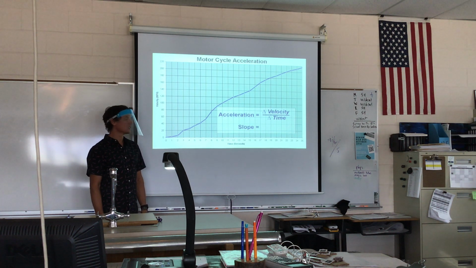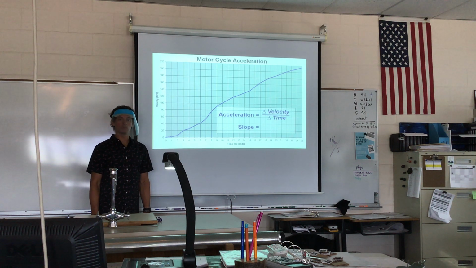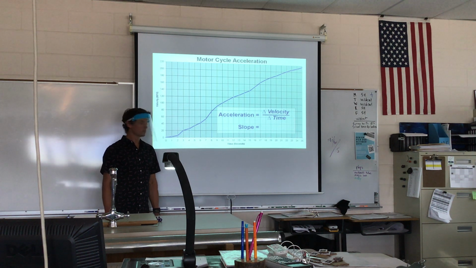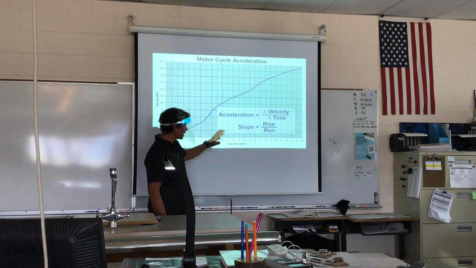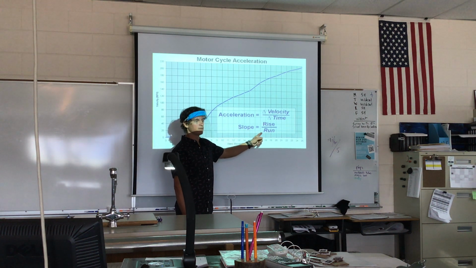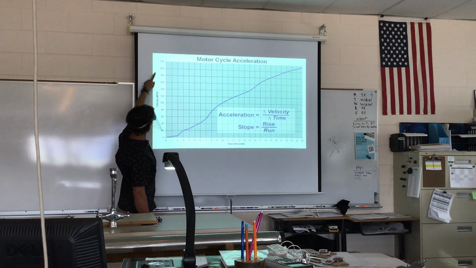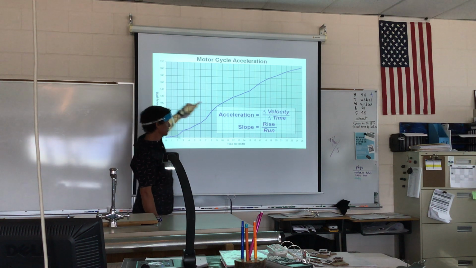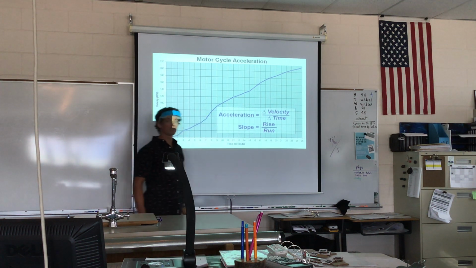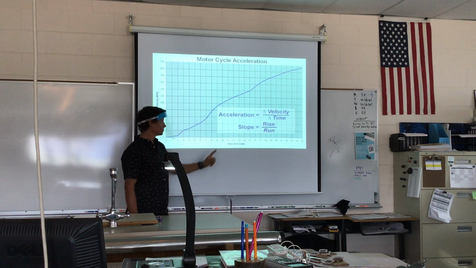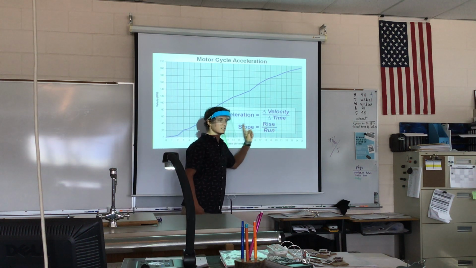How we apply it is slope. What did your math teacher teach you about slope? Rise over run. Anytime we deal with a graph, you want to go back to this fact and think about what the slope means. So, rise is what? Change in velocity. Run is change in time.